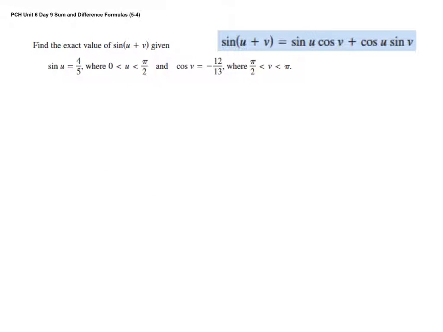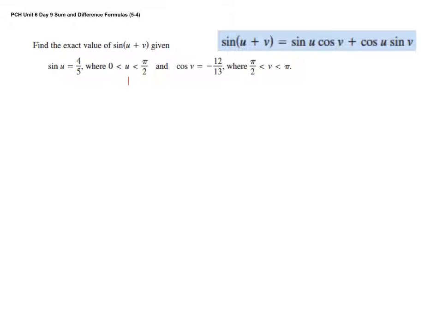Here's another case of a different way we can use these formulas. In this case, we actually don't know what the angles are. All we're told is that the sine of u is 4/5 and u is between 0 and pi over 2. So what does that mean? U is in the first quadrant.